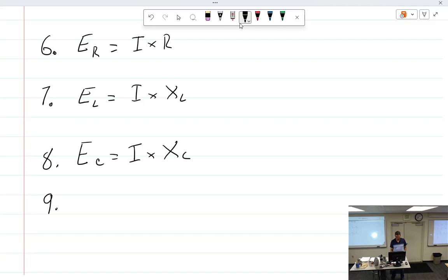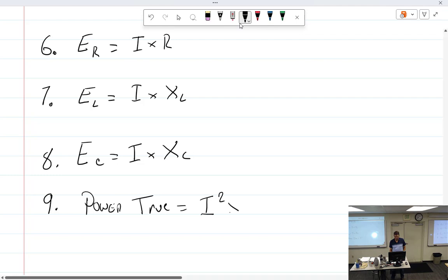Power true, true power, equals X of T times I squared times R, and that is going to be in watts.